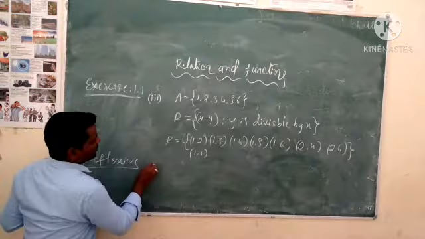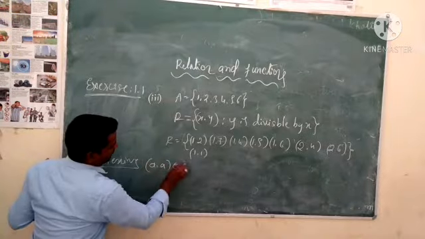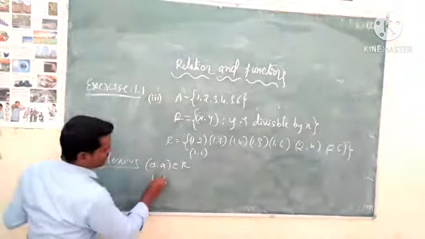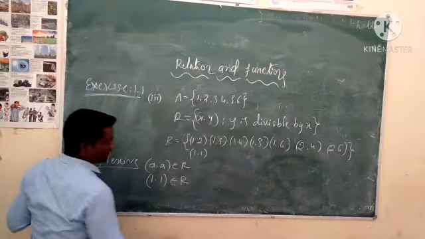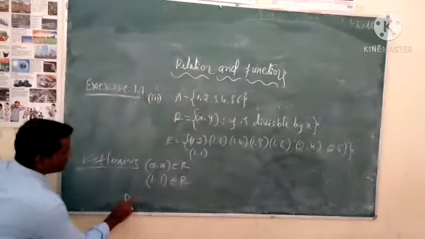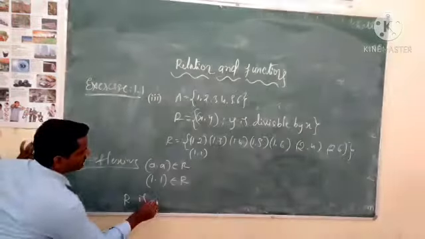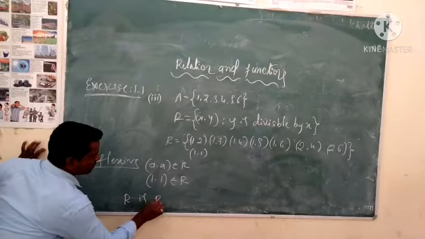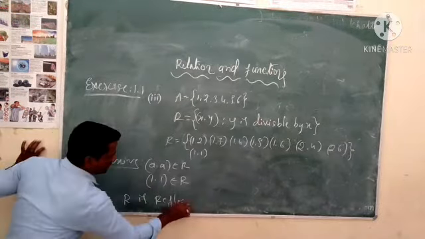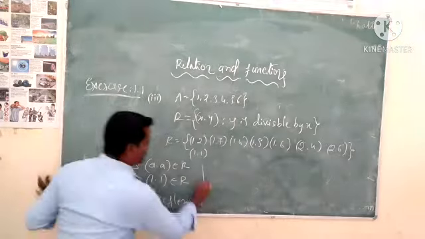Therefore (a, a) belongs to R, that means (1, 1) belongs to R. That shows R is reflexive.